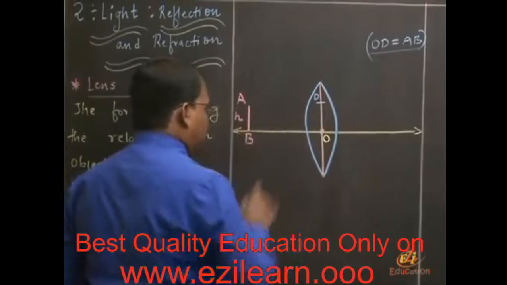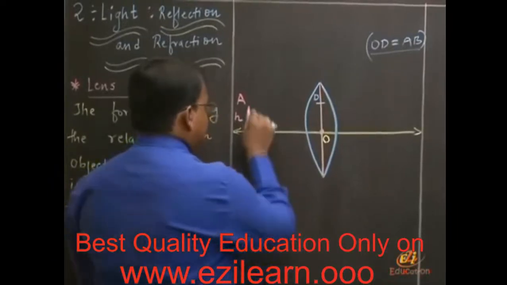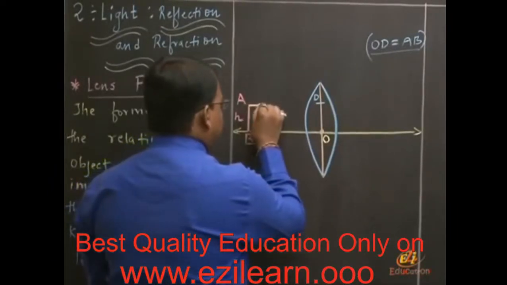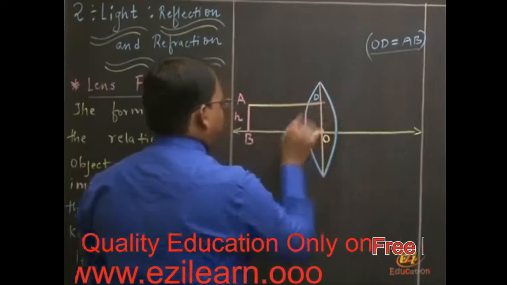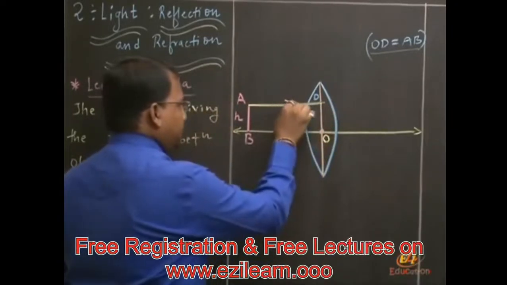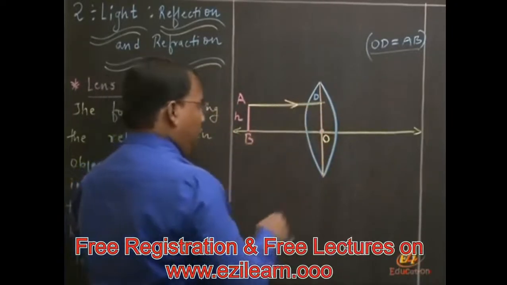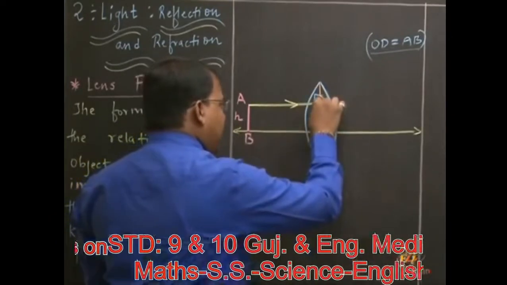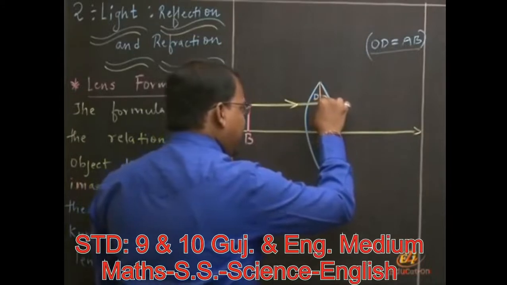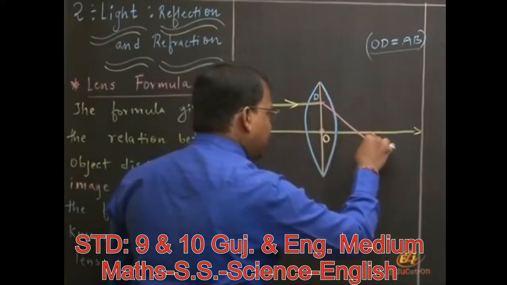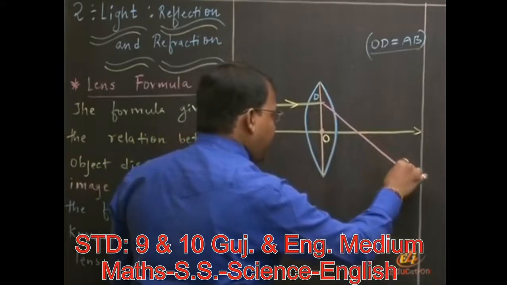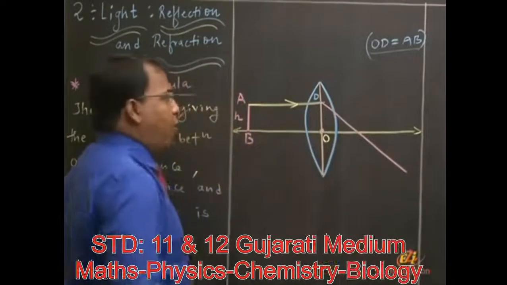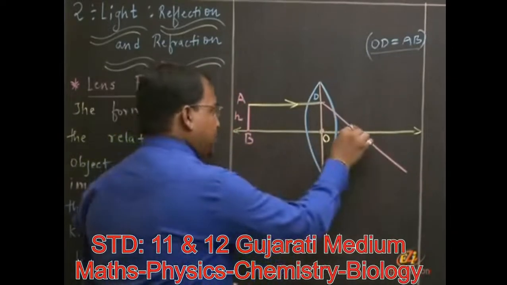Here we will now learn refraction. This is AB. You know, all the parallel rays after passing through the lens bend, and they meet at one point in the principal axis.